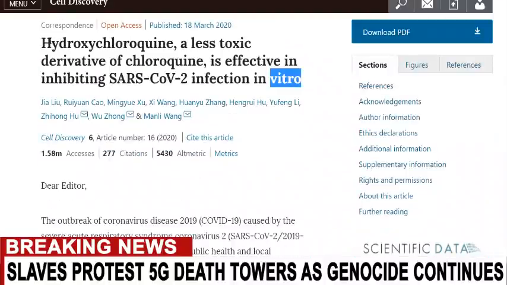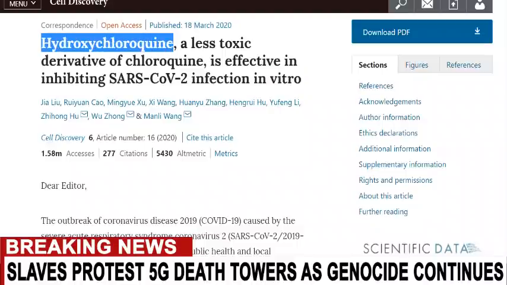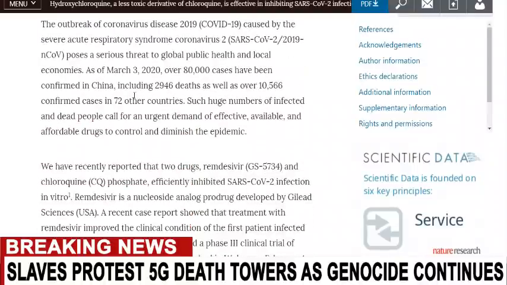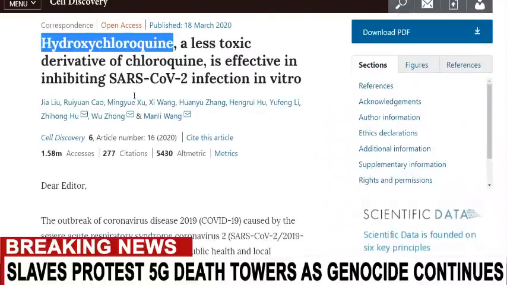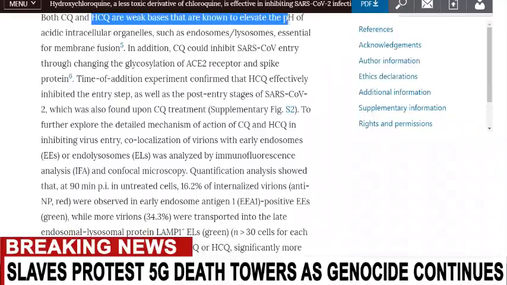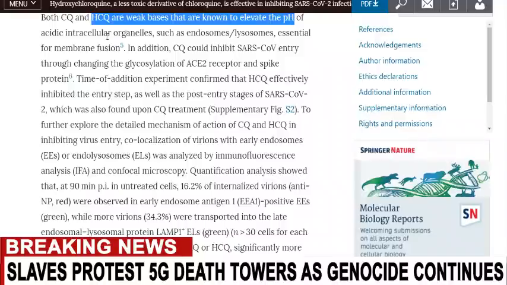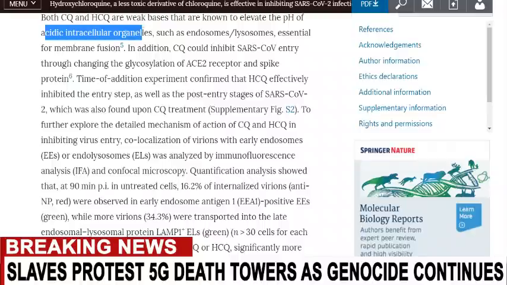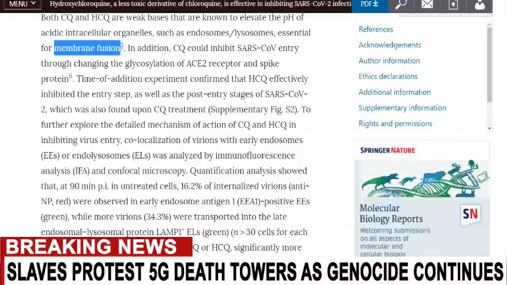And the reason that hydroxychloroquine works, and this has been in the papers for quite some time, is that they believe it reduces the pH somehow of lysosomes and other endosomes. Hydroxychloroquine are weak bases that are known to raise the pH above 7, hopefully, of acidic intracellular organelles essential for membrane fusion. So the reason they think this works is because it raises the pH.